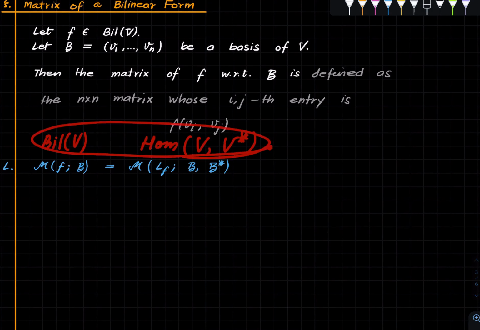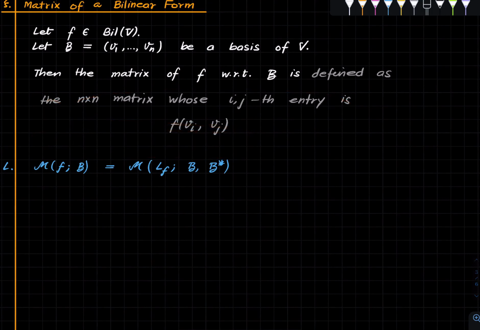And what the next lemma says is that the identification between this and that is something that extends to this definition. I'll explain what that means. So you have a bilinear form on the vector space V. Its avatar in this picture is that guy. And either you take the matrix of the bilinear form with respect to the given basis, or you take the matrix of the avatar with respect to the given basis and its dual.